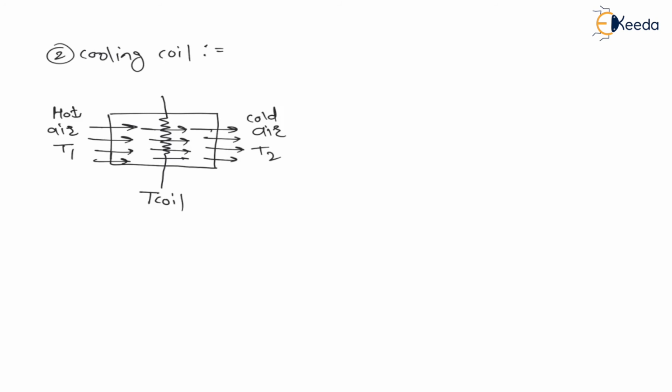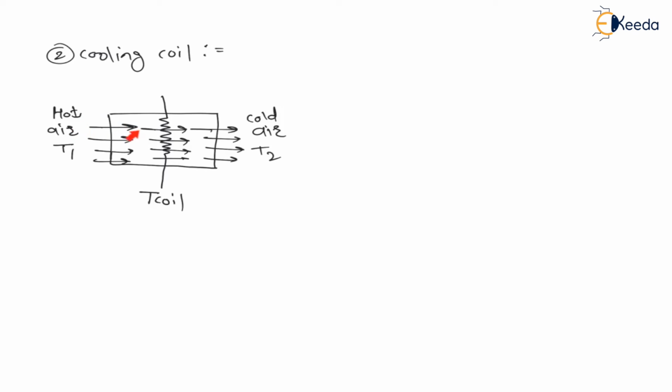Now similar to the previous case, whenever hot air is flowing over the coil, this coil has a lesser temperature than the hot air, therefore this hot air will lose heat to the coil, and the hot air will try to come into equilibrium with the temperature of coil.